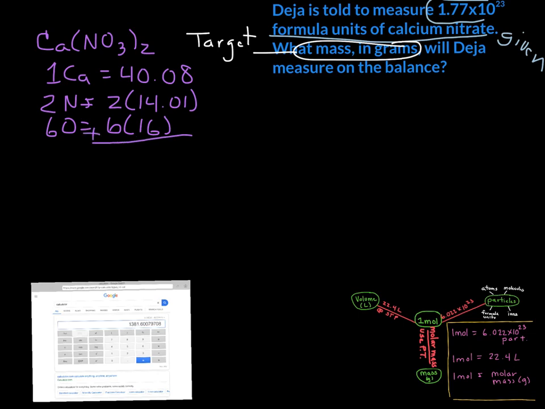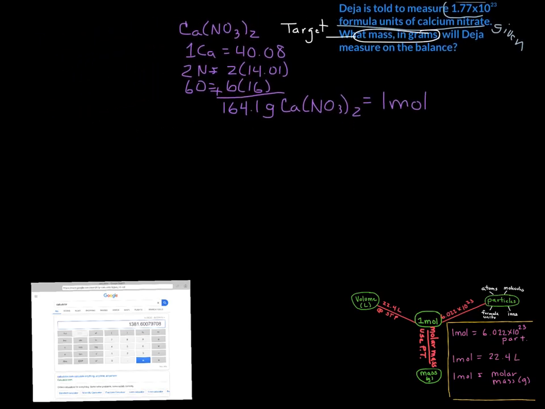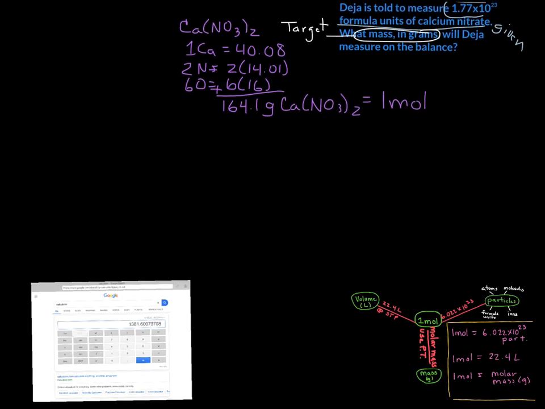When we do that, we get 164.1 grams of calcium nitrate equal to 1 mole. Okay? I'm going to shrink all that down. Give us some room on the screen, okay?